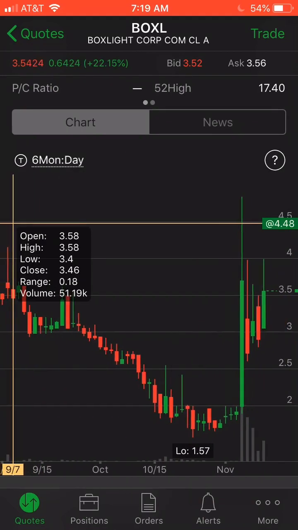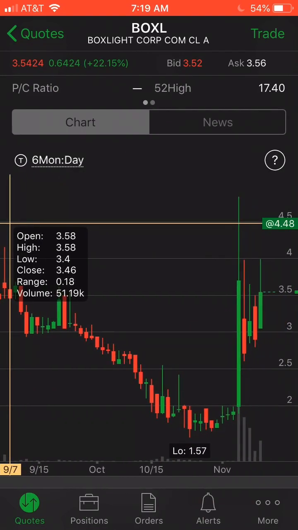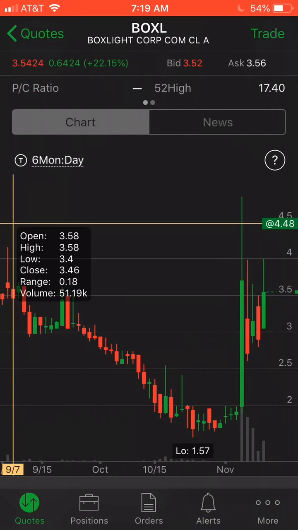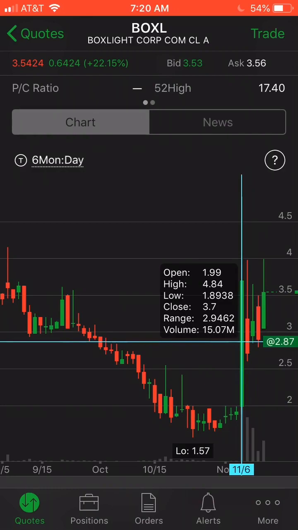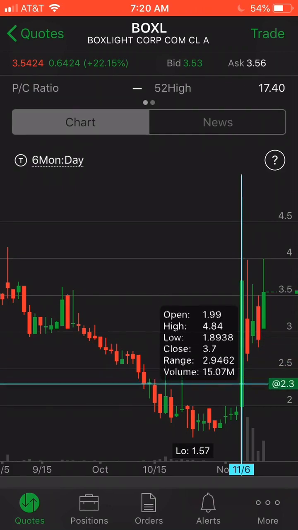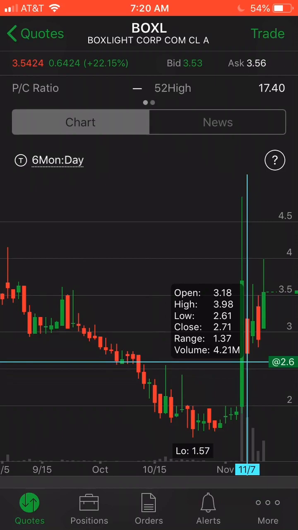And so on this day here, on 11/6 in blue, you could see it had 50 million volume, and it spiked pretty big because it opened around $2 and reached over $4, close to 5.